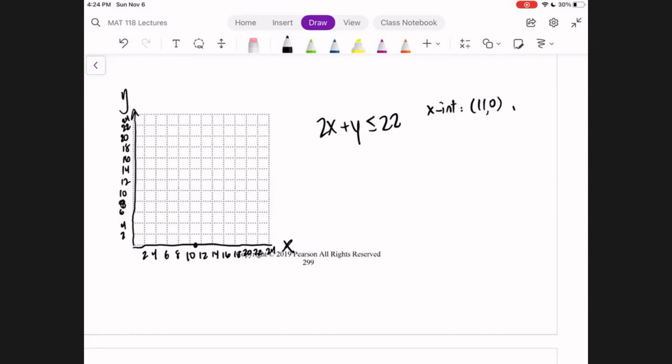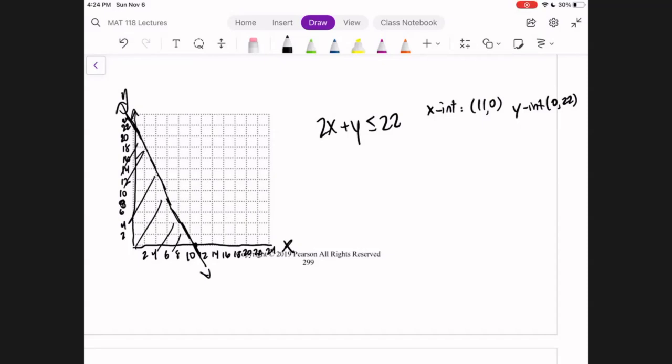And then the y-intercept was 0, 22, so it'll be all the way here. Then we're just going to try to connect these as best as possible. Right? And I made a solid line because it's less than or equal to, because it has that inequality. Now I'm just going to lightly shade that. If I test the origin, that would be true. You can see that on Desmos. So we're shading below. Okay.